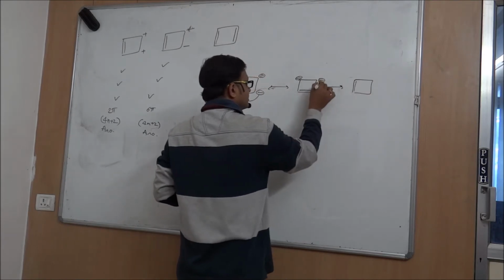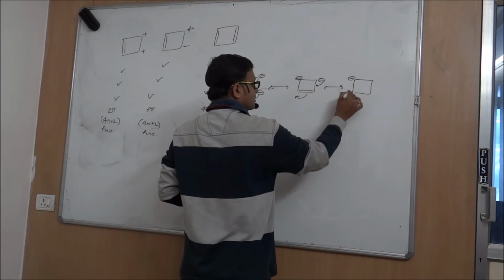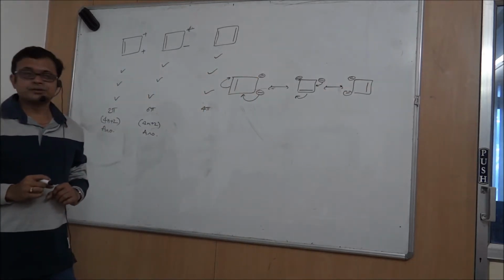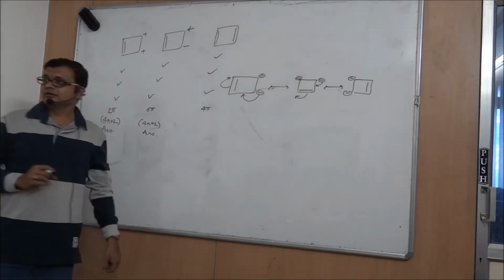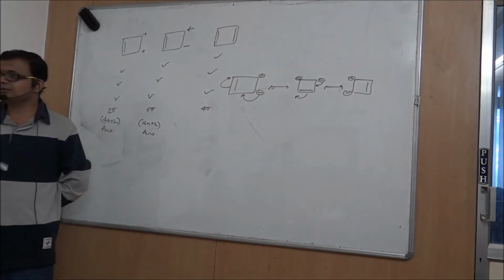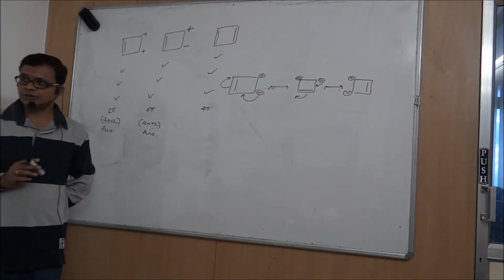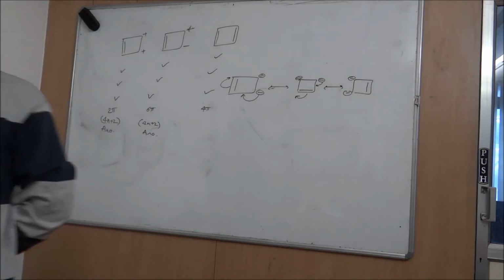So now again, is conjugation possible or not possible? What is the difficulty for conjugation? Negative charge means the carbon is in which hybridization state? sp, sp2, sp3?